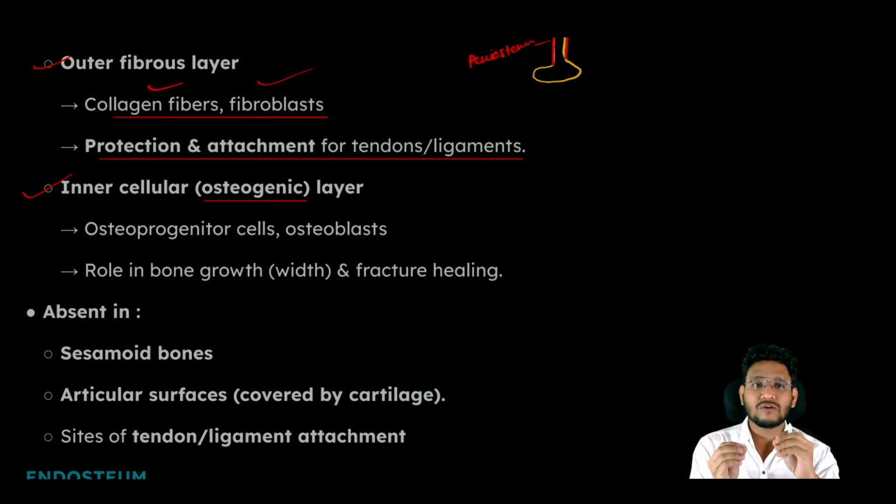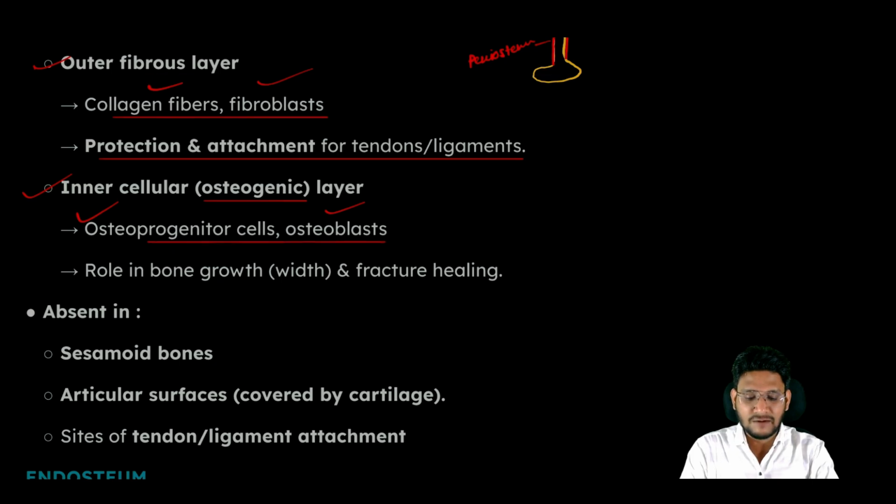Different bone cells are present in this layer: osteoprogenitor cells and osteoblasts. These cells are behind the osteogenic potential of this layer. The role of this layer is in bone growth, especially in width, and it is also responsible for fracture healing.